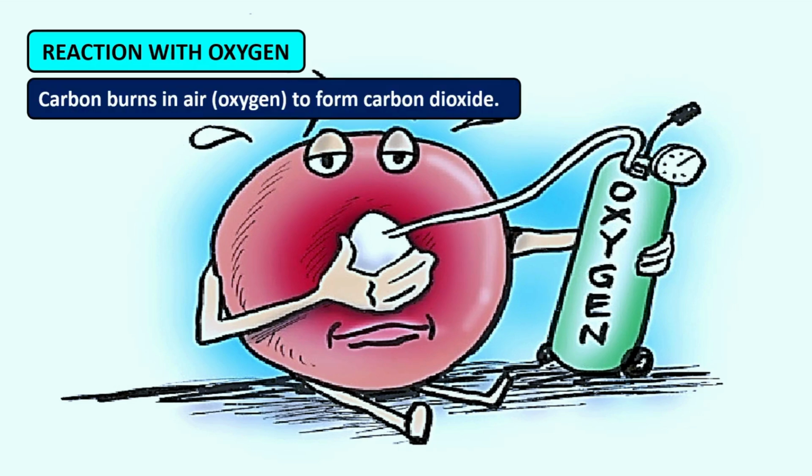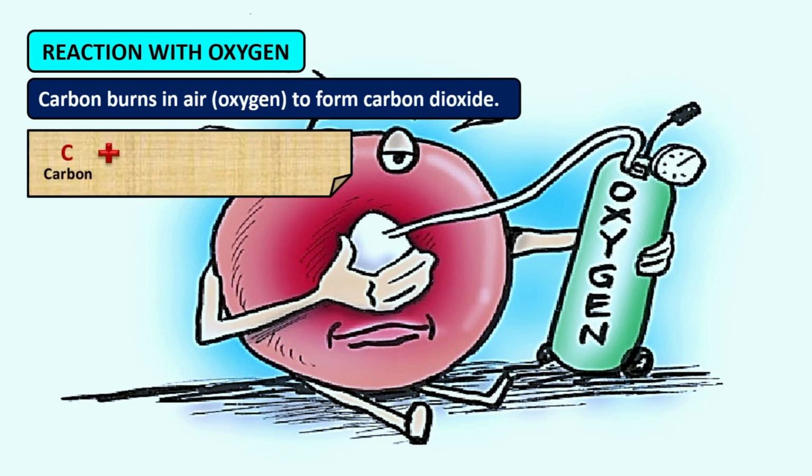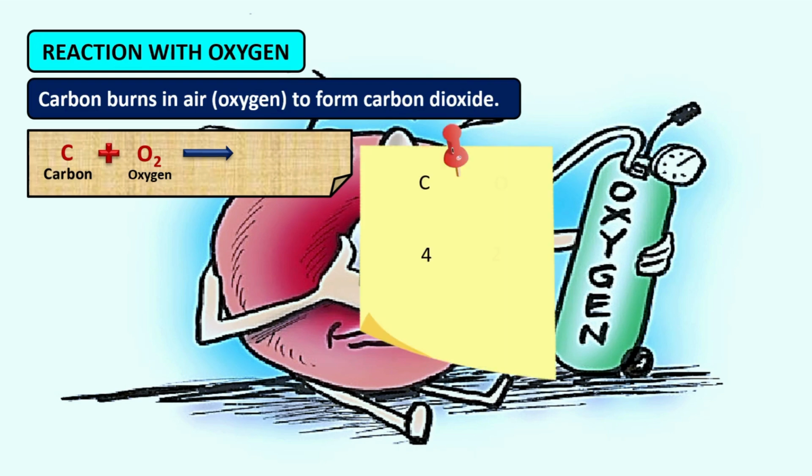Carbon burns in air or oxygen to form carbon dioxide. C, that is carbon, plus O2, that is oxygen, gives you CO2, that is carbon dioxide.